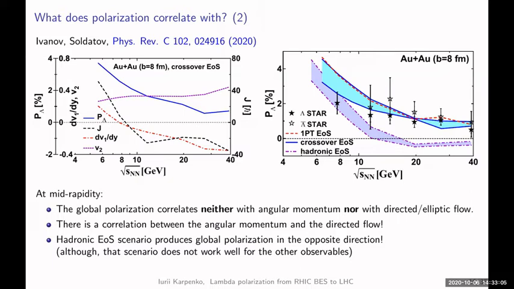And they actually found that the polarization observable itself pretty much does not correlate with any of those. So you see on the left plot that the polarization, the blue line, as you have seen on the previous slides, steadily decreases with energy, but it doesn't change the sign. Whereas the directed flow, which is the dashed dotted red line, actually changes sign.